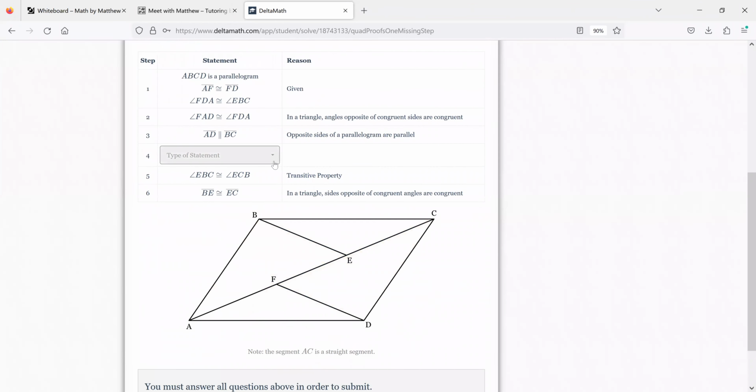So AD parallel to BC is cut by a transversal. So we're either showing that this angle up here is congruent to this angle down here, or this one here is congruent to this angle here. And that's the big one with alternate interior angles.